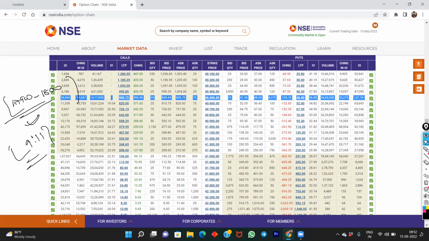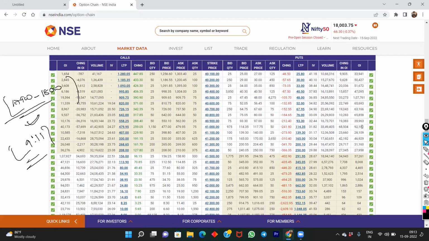So we have to see here at 41,000 strike price, 92,000 open interest is there, and here you can see the strike prices, which means Bank Nifty is opening above 41,000.